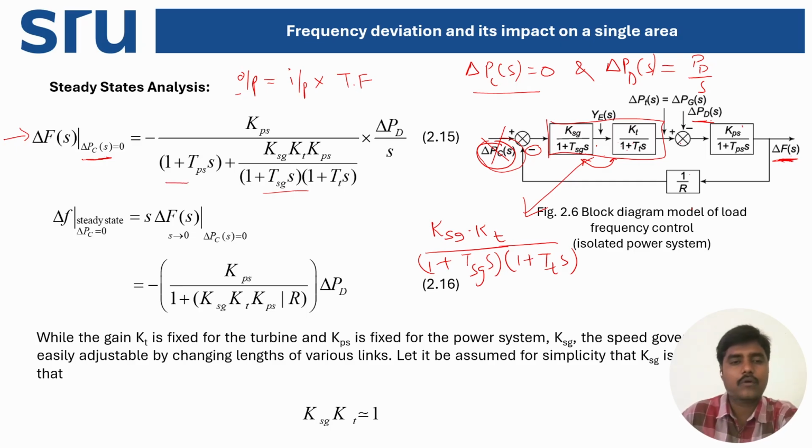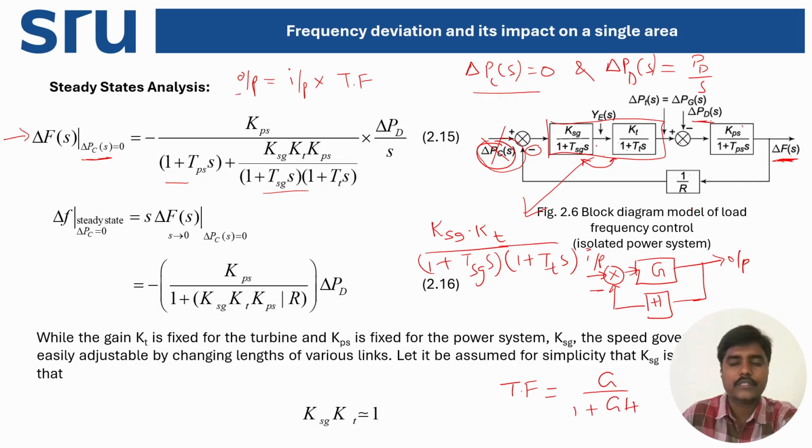So let me give the standard formula. What can be used to get this one here is, suppose there is a gain G, and let's say you are giving an input here, and let's say you are giving negative feedback with the feedback H, and if this is the output and this is the negative feedback system, then the transfer function can be defined for this block as G by 1 plus G into H. Suppose if this is a positive feedback system, then here you will get negative.